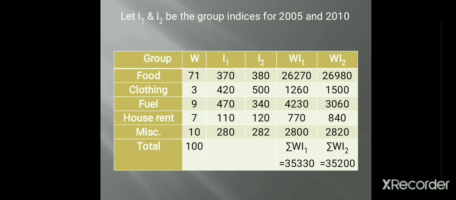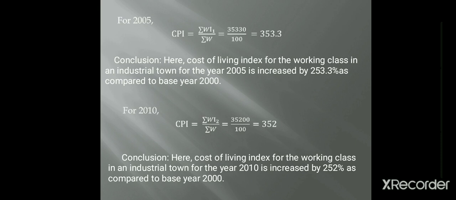Now, let us find consumer price index for the year 2005 and 2010, keeping 2000 as base year. For the current year 2005, consumer price index formula is summation Wi1 divided by summation W. Substitute the values from the previous table and it is 35,330 divided by 100, which results in 353.3.